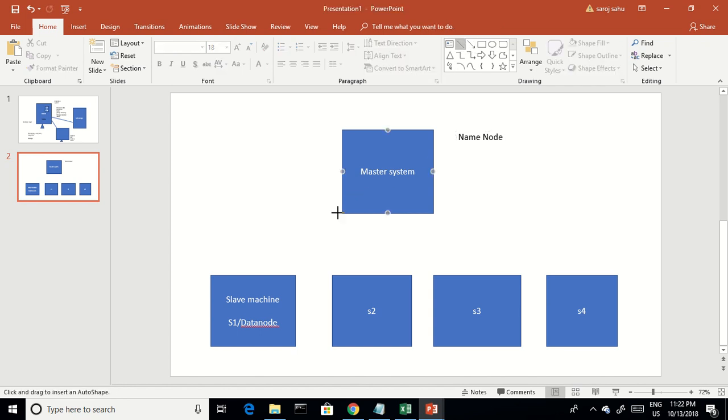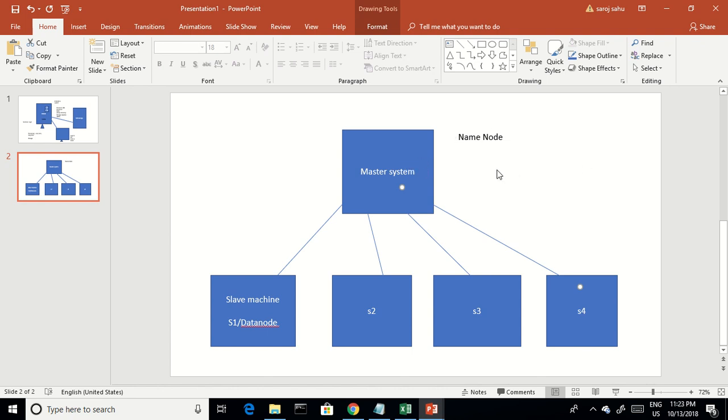So it is connected physically with a network cable to form the cluster. It is a single cluster. So what is a cluster? Multiple machines combined to form one single cluster, and this cluster is a group of machines which acts as a single system.